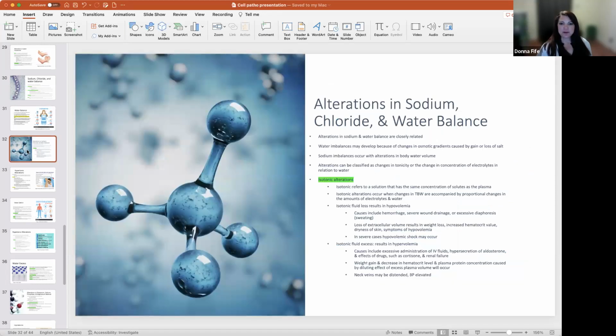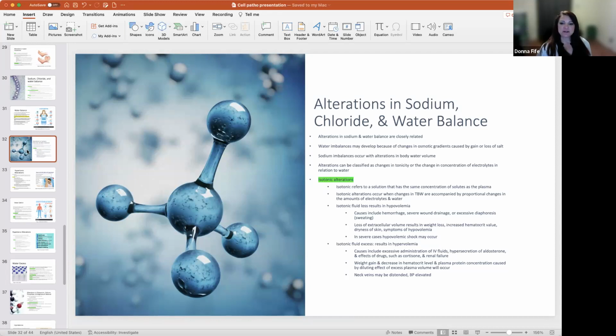Alterations in sodium, chloride, and water balance. Alterations in sodium and water balance are closely related. Water imbalances may develop because of changes in osmotic gradients caused by a gain or loss of salt. Sodium imbalances occur with alterations in body water volume.